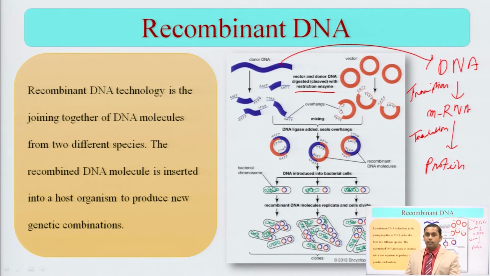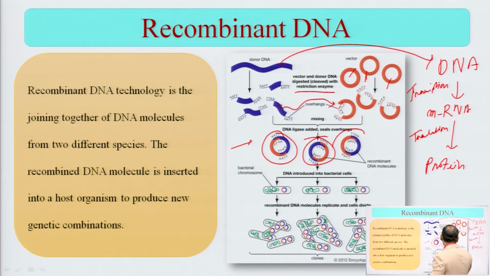By using those restriction enzymes, you will be able to cut the vector, and in this cut area you can insert the donor DNA. After mixing, the ligase enzyme will help with the sticking, so after DNA ligase is added, it will seal like this.